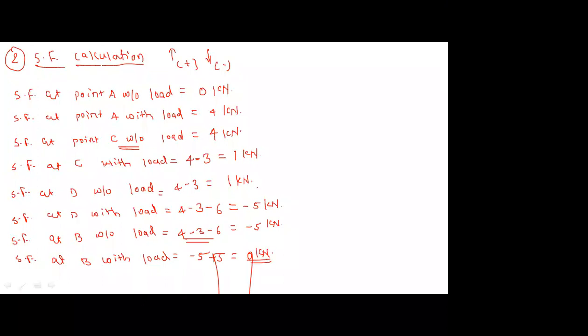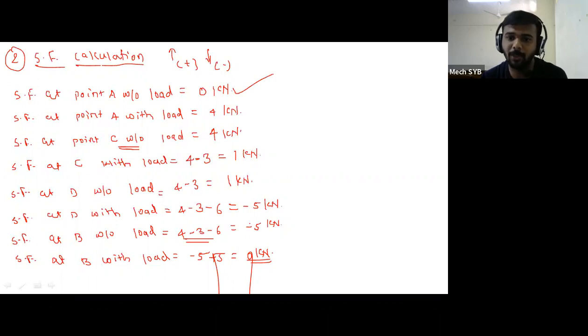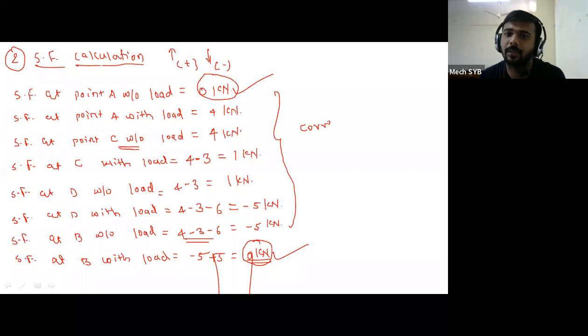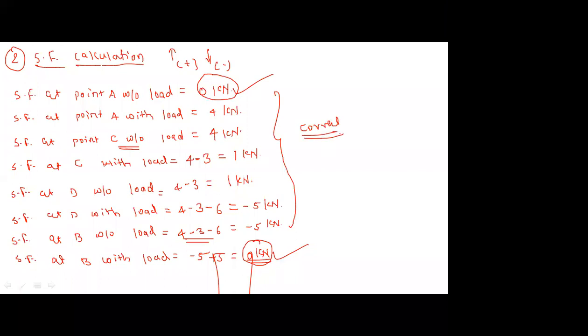If the start of the SF calculation and the end of the calculation come to 0, then 101% your middle calculation will be 100% correct.